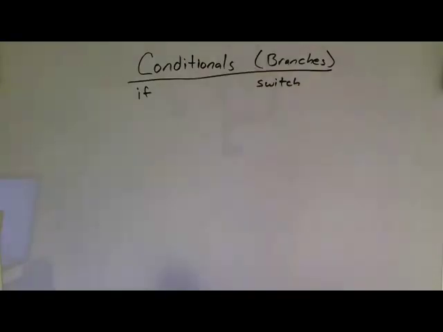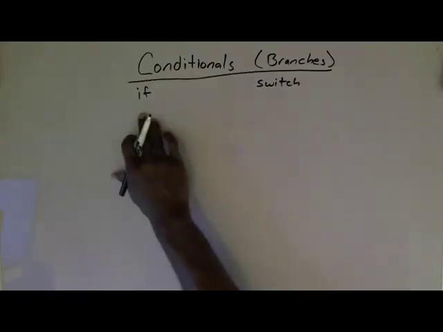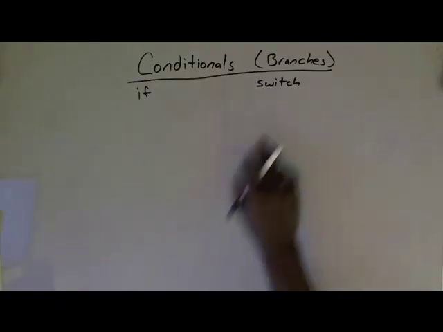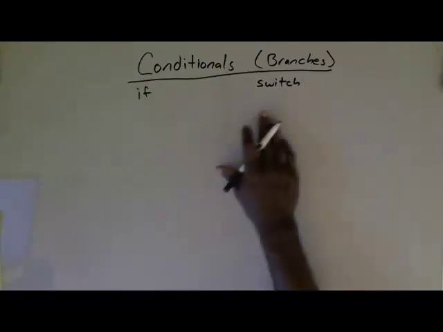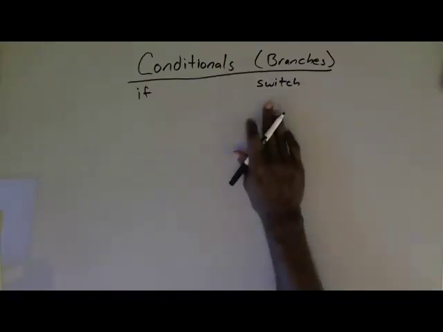These are the two ways that we execute conditionals in MATLAB. The basic core one is the if statement. The tricked out one is the switch statement. So we're going to get some fundamental understanding of the if statement, and then at a later time, I'll do another video segment on the switch statement.